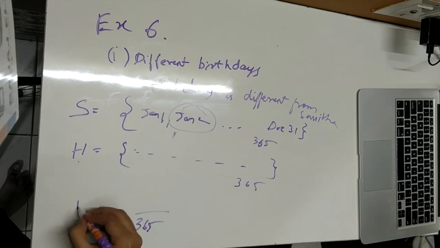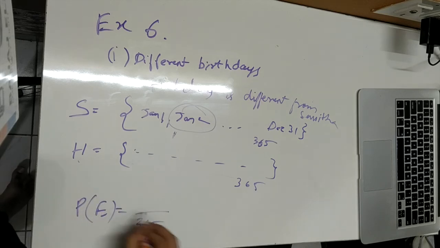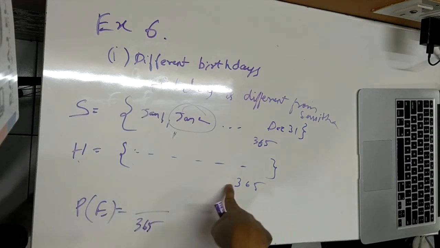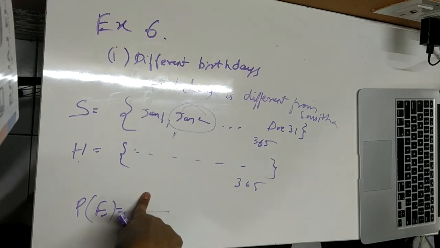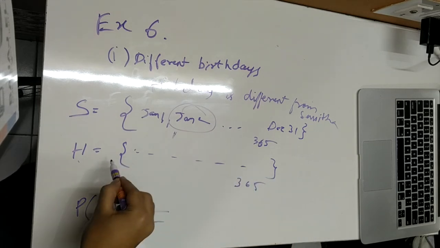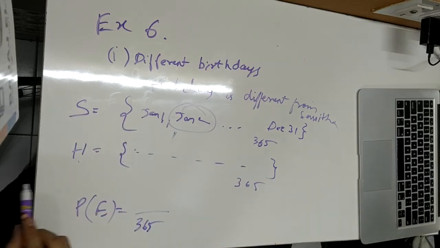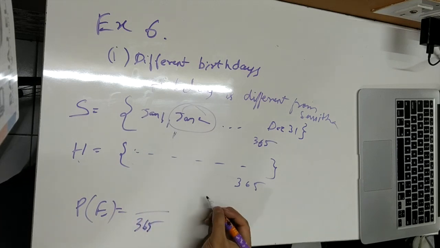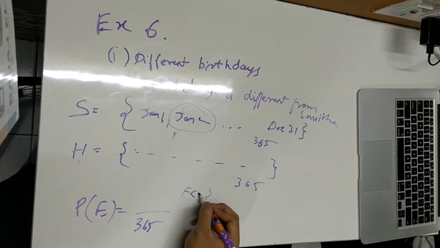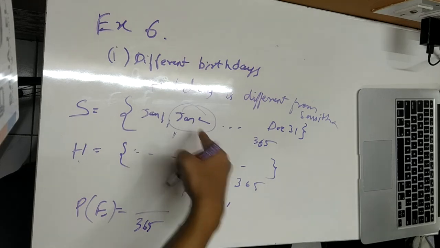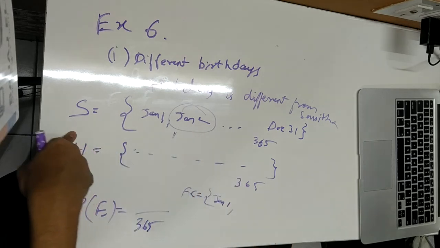So the probability of the event that Hamida has a different birthday than Savita: all possible outcomes are 365, because on any day of the year Hamida can have her birthday. But what is the number of favorable outcomes? It is any day other than Savita's birthday. So all the days other than Savita's birthday will be the favorable cases. Jan 1st we can write, Jan 2nd we cannot write because Jan 2nd is Savita's birthday.